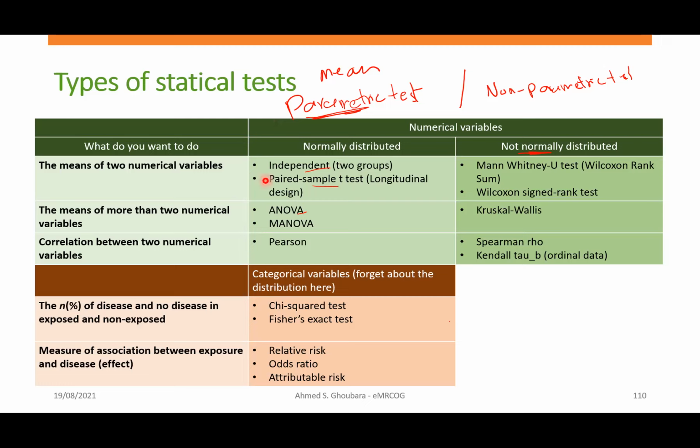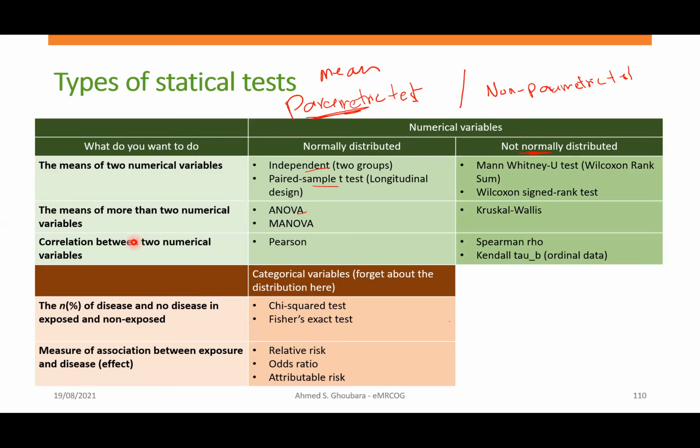So the next, suppose that you have so many groups, like you have college students from different cities around your country, from city number 1, city number 2, city number 3, and you need to compare the mean of scores, medical student scores, among those cities. So you don't have two groups like male or female, you have more than two groups.